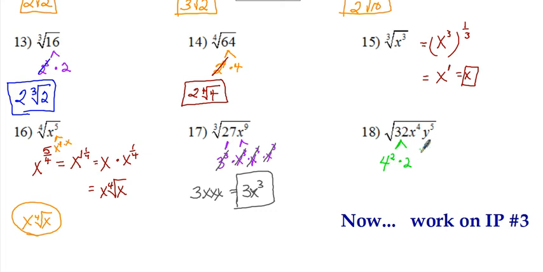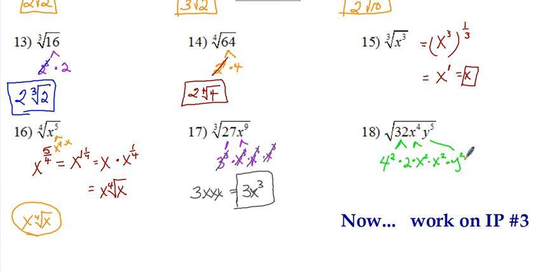Now, this x to the 4th, I'm going to do this visual breakout method. If you want to do 4 divided by 2, that's fine. But I'm going to break this into x squared times x squared, because I want square roots of things to the 2 power. And then I'm going to break out the y to the 5th as follows.